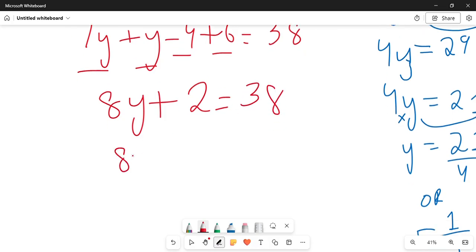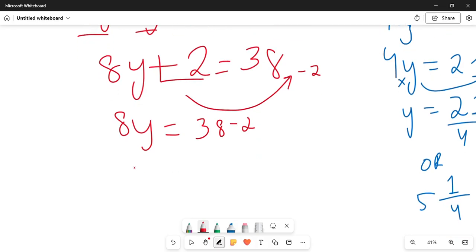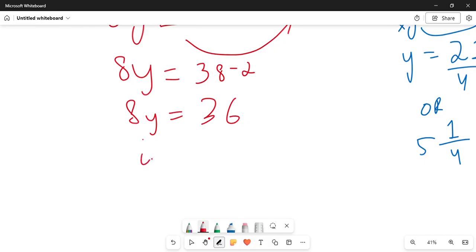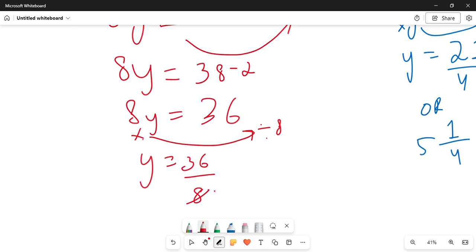Now 8y plus 2 equals 38. We don't need this plus 2 here, we'll move it to the other side of the equation, and it will turn to minus 2, so 38 minus 2 and 8y will equal 36. This is being multiplied, so on the other side it will be divided by 8, so 36 divided by 8. It is not divided perfectly, so let's just divide by 2 first. 2 fours are 8, 2 ones are 2, and 2 nines are 18.